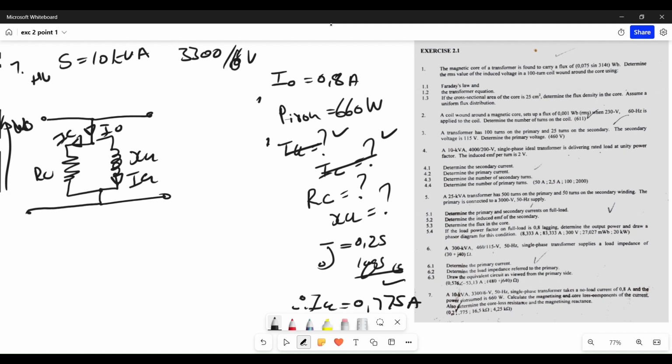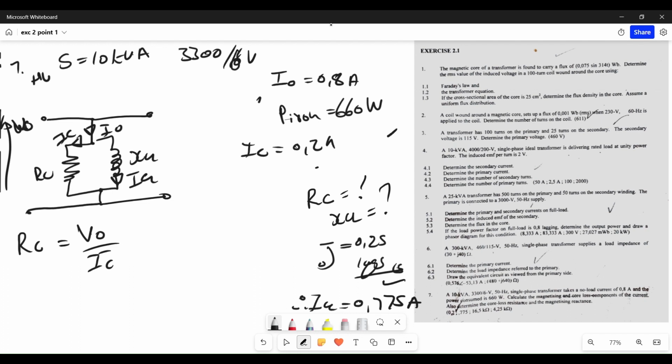For you to find RC, RC is equal to VO over IC. We already found IC: IC is equal to 0.2 amps. IU is equal to 0.775 amps.